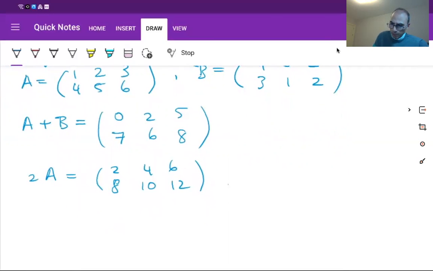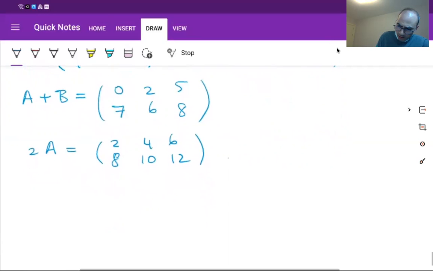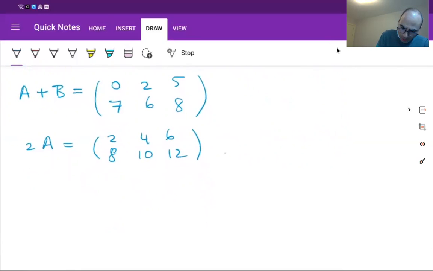Okay, so now multiplication of matrices is slightly more non-trivial.